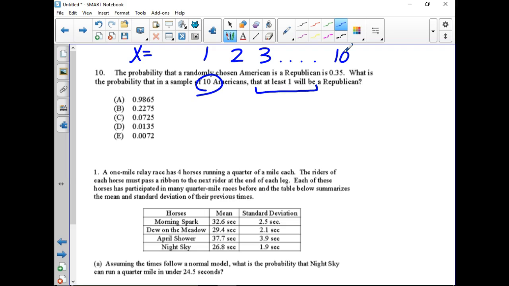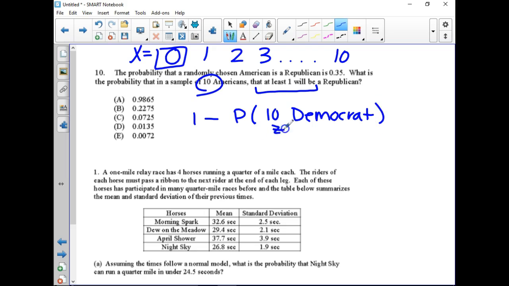When you see the word at least, you can do 1 minus the complement. What's the only value left over that could happen? 0. This is the complement. So I'm going to do 1 minus the probability of 10 Democrat presidents, because that's 0 Republicans.